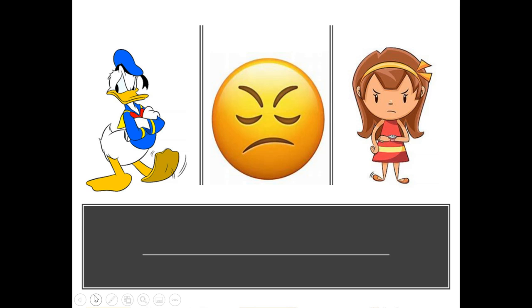He has his hands crossed to his chest and is stomping his foot. In the second picture, the emoji looks similar to Donald, maybe upset about something. And in the third picture, I notice a girl who is looking at her watch and stomping her foot. So, how are all these pictures the same or similar?